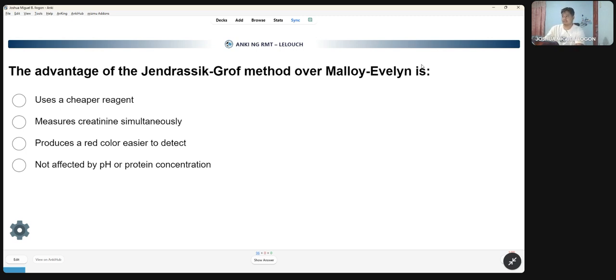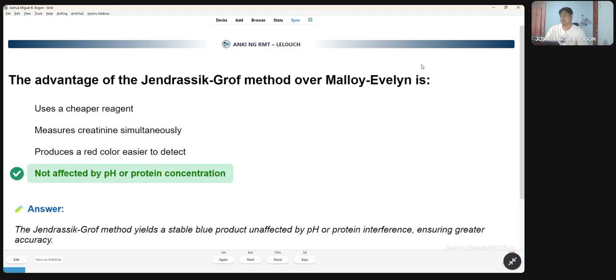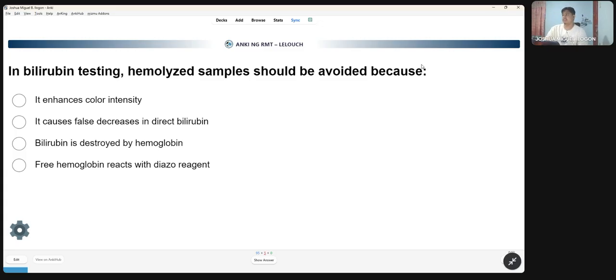So, Jendrassik-Grof, what are its advantages? Not affected by pH or protein concentration, minimal turbidity, stable color. In bilirubin testing, hemolyzed samples should be avoided because, actually I don't know.